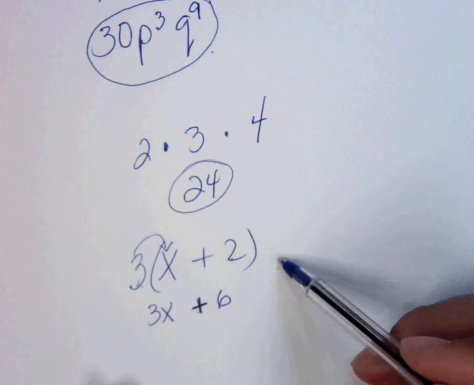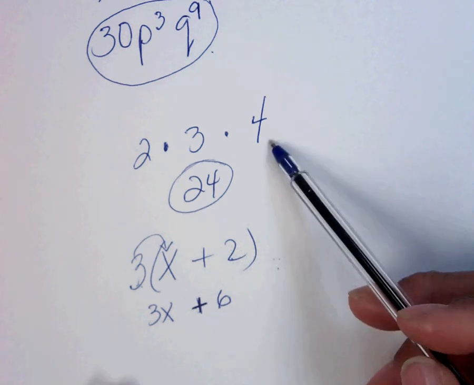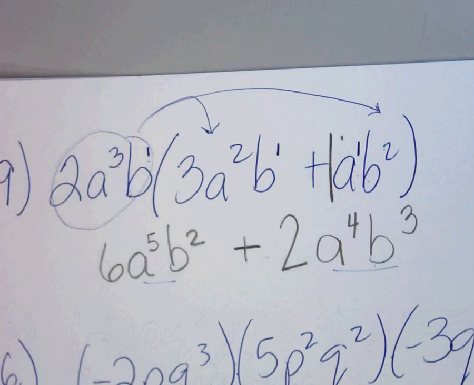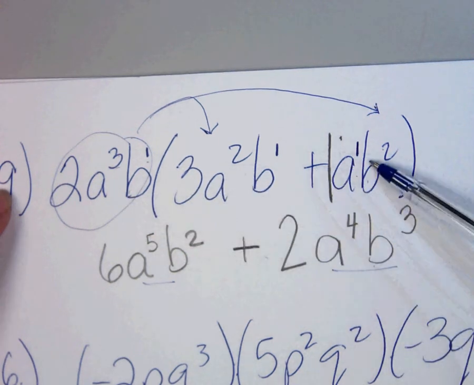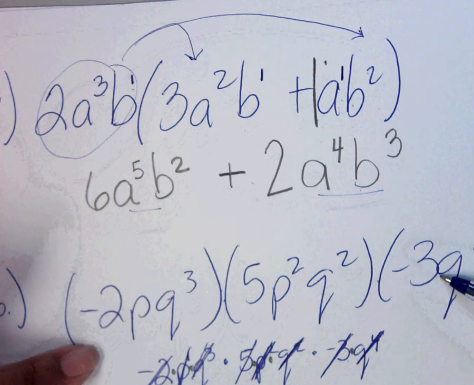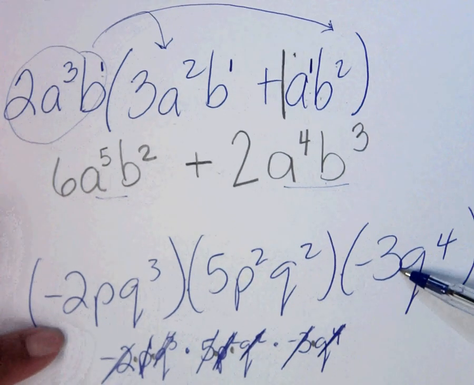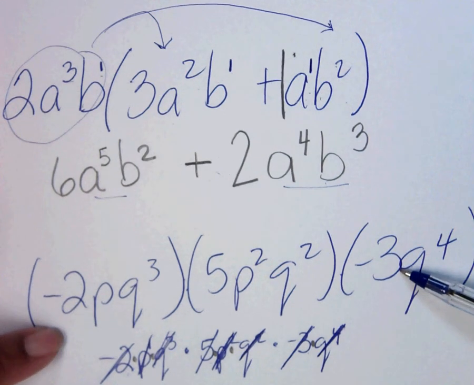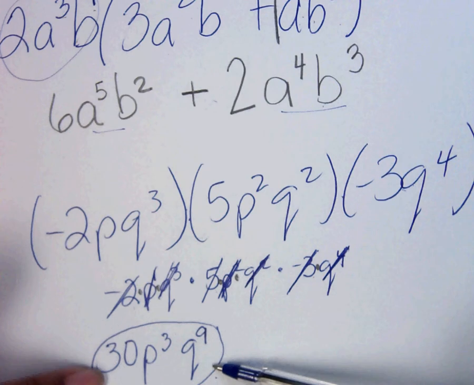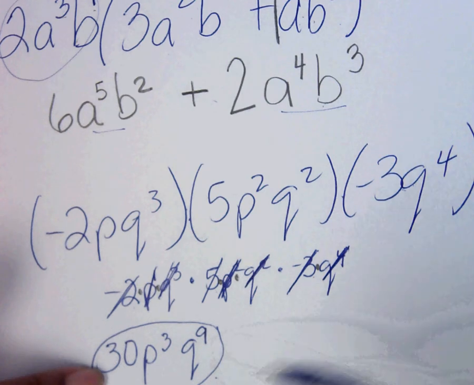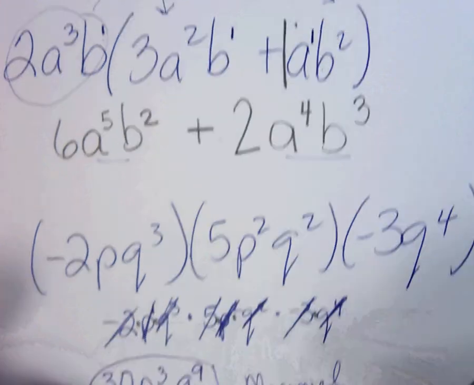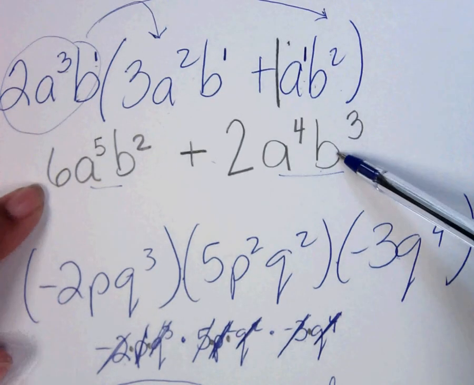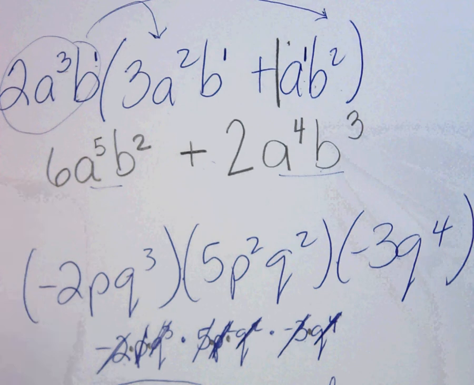This is number 9. This is number 6. Let's look at that again. This is number 9. This is the 3x plus 2. And then this is the 2 times 3 times 4, where you end it with one answer, one term. This is a monomial because it's one term. And then this one had 2. Okay, we'll stop there.